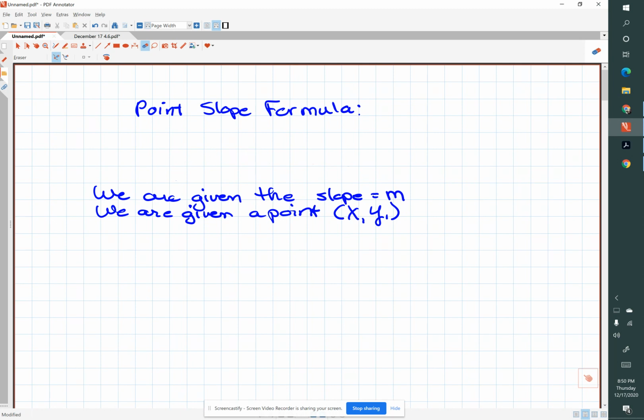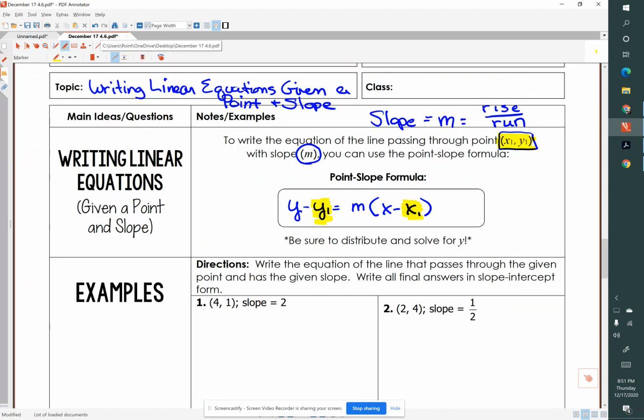Y minus y sub 1 equals the slope, m, times the quantity of x minus x sub 1. So let's do some problems.